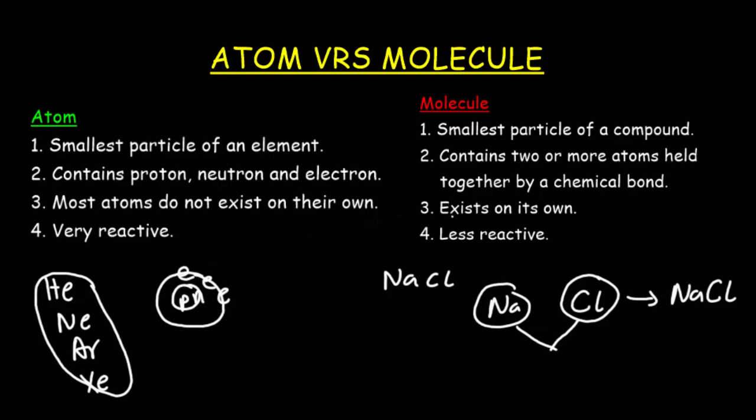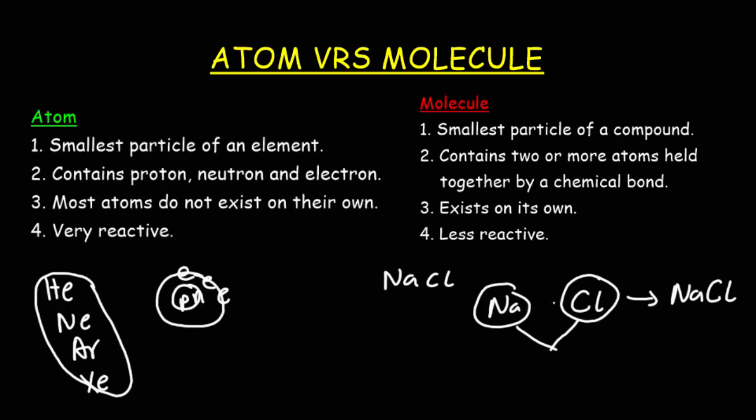On the other hand, all molecules exist on their own. Molecules exist on their own because they are formed as a result of two different or same atoms coming together.